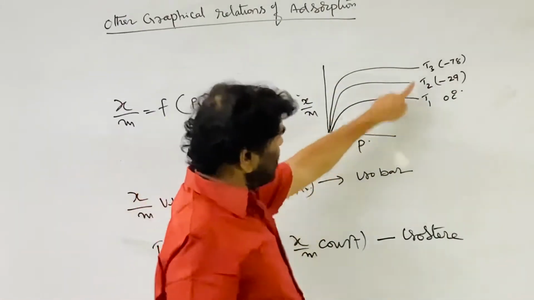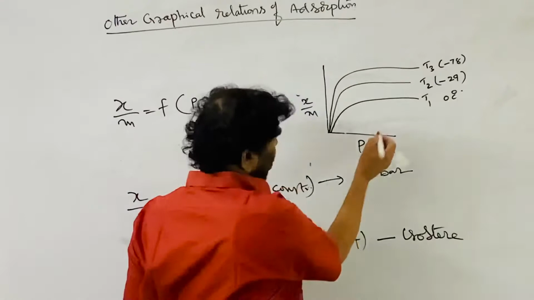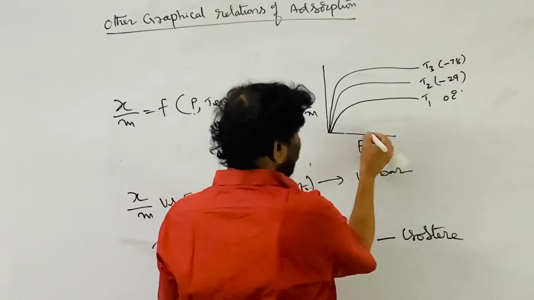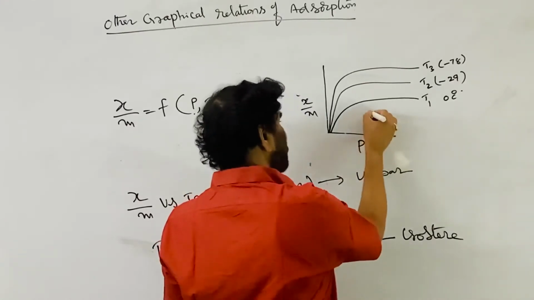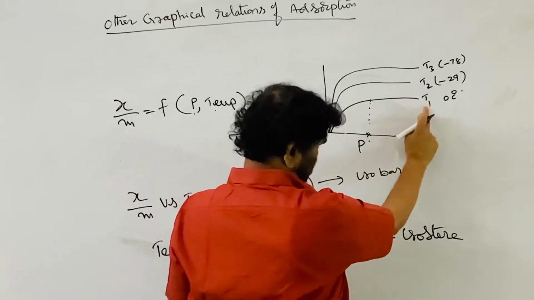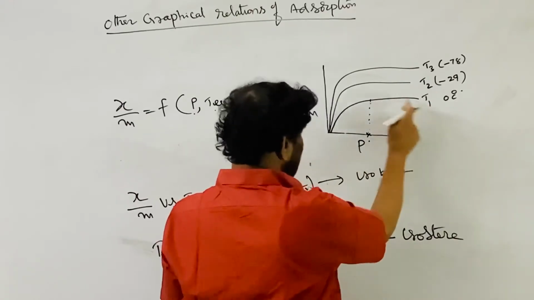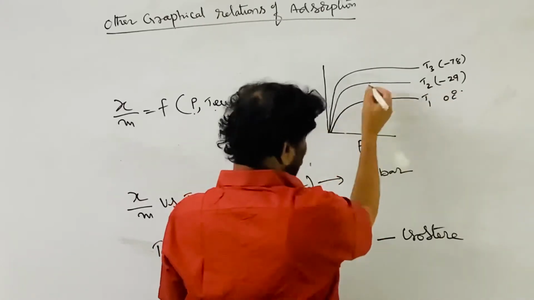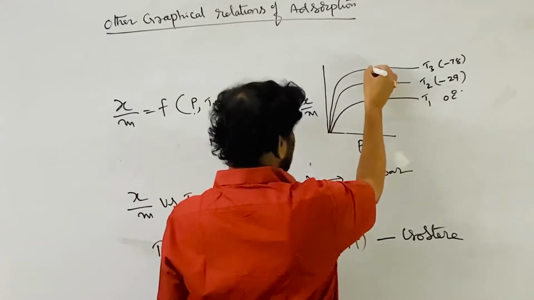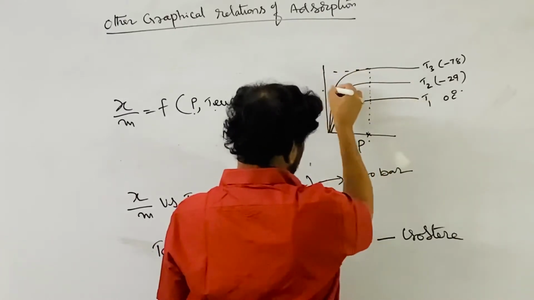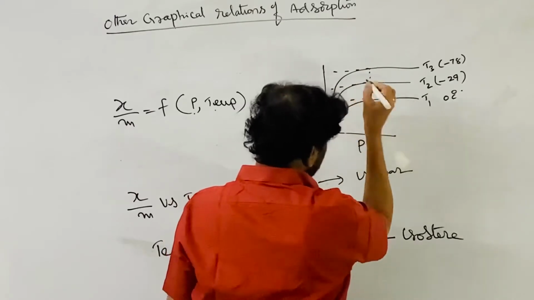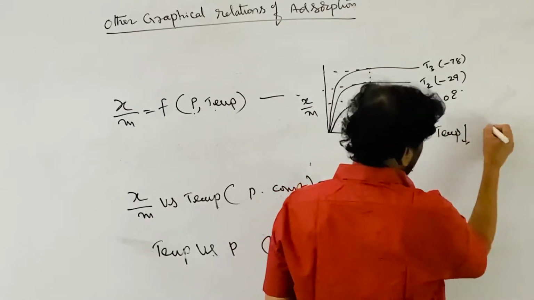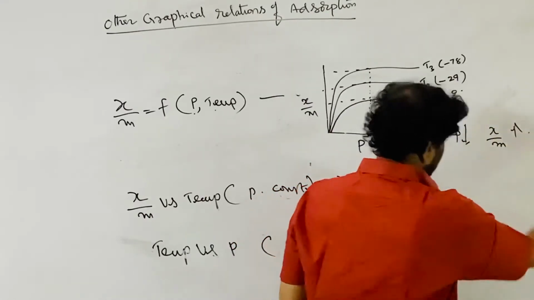As the temperature decreases, the extent of adsorption increases. If the experiment is carried out at 0 degrees Celsius, the extent of adsorption is this; at minus 29, this is the extent of adsorption. As the temperature decreases, x by m is increasing.